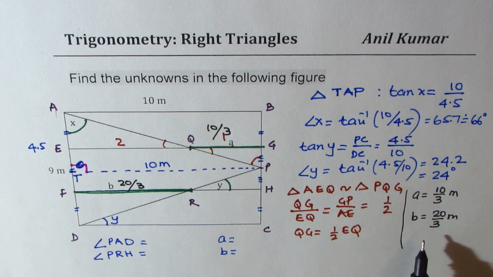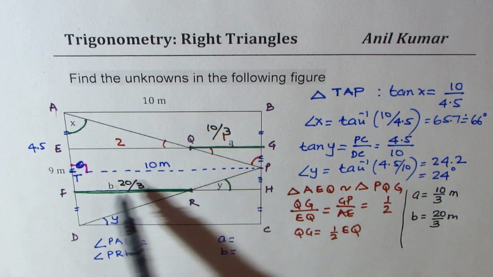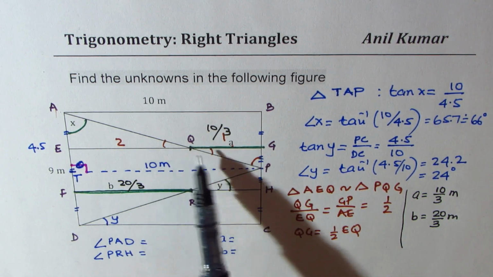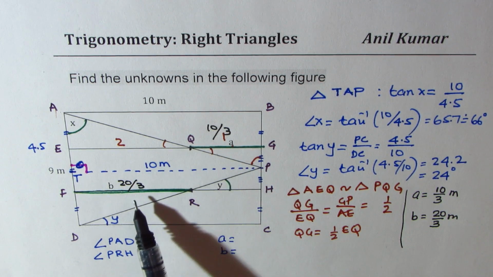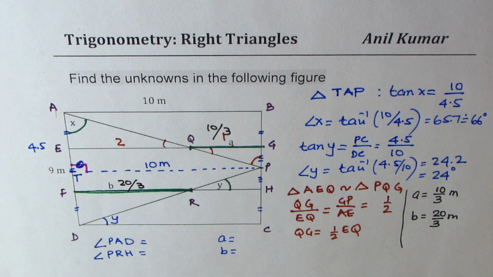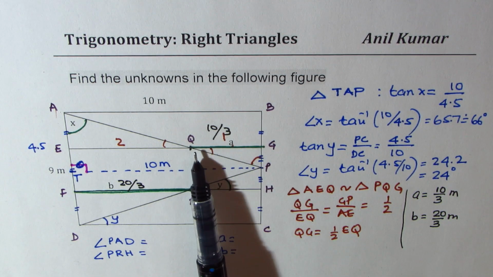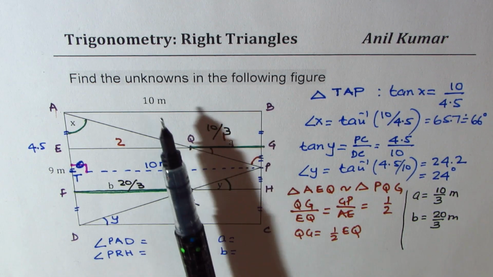So I hope the steps are clear, okay? You can solve the triangle using tan, get the angles, and using similar triangles, you can find A and B. The ratio here is 1:2. So the total length of 10 meters is divided into 3 parts, A being 1/3 of 10.